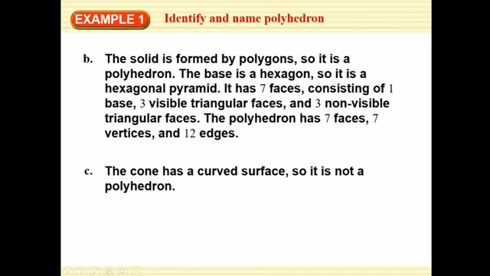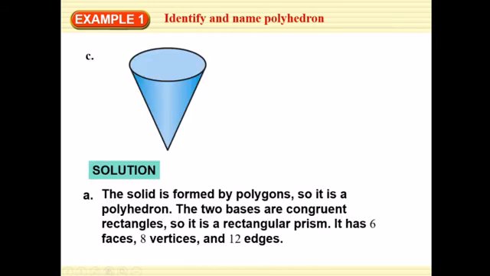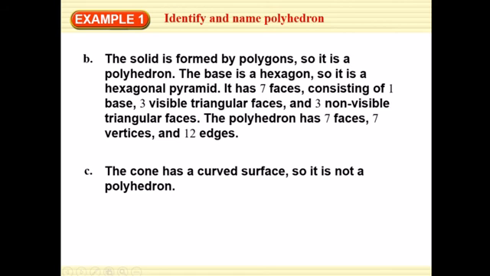Part B, looking back at it, it is a pyramid, and the shape of the base there is a hexagon, so it's a hexagonal pyramid. 7 faces, 1 base, and 3 triangular faces visible, and then 3 of them are not visible, as they would be behind.